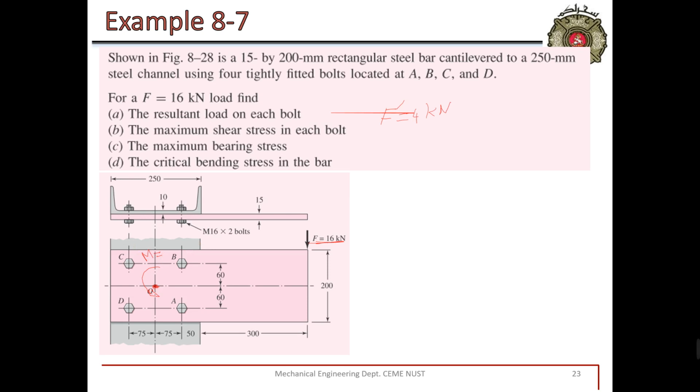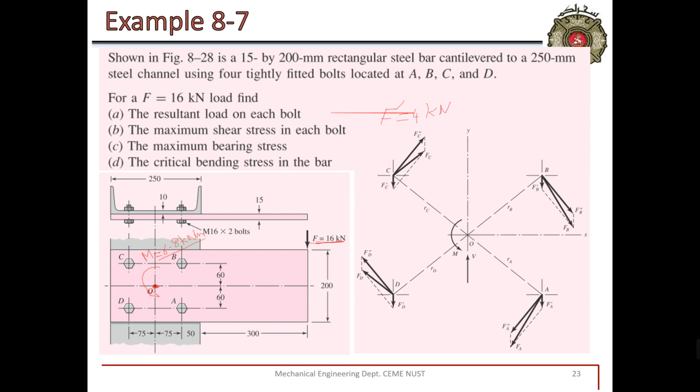This moment is 6.8 kilonewton meter. We have magnitude of this moment, and using previous equation we can calculate the magnitude of Fa double prime, Fb double prime, Fc double prime, and Fd double prime, and the direction.